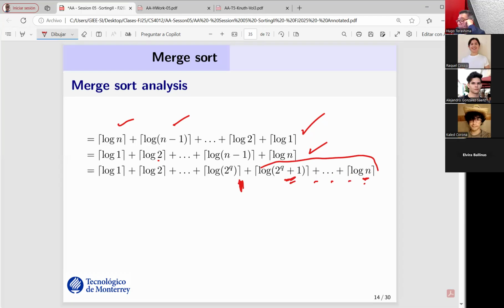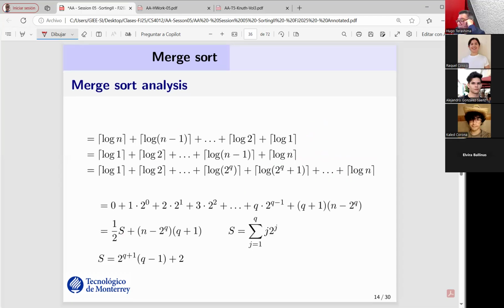So I can rearrange because I have 0, I have 1 with 1 value, 2 with 2 values, 3 with 4 values, and so on. And what is this value, n minus 2 to the q? Tell me this expression.